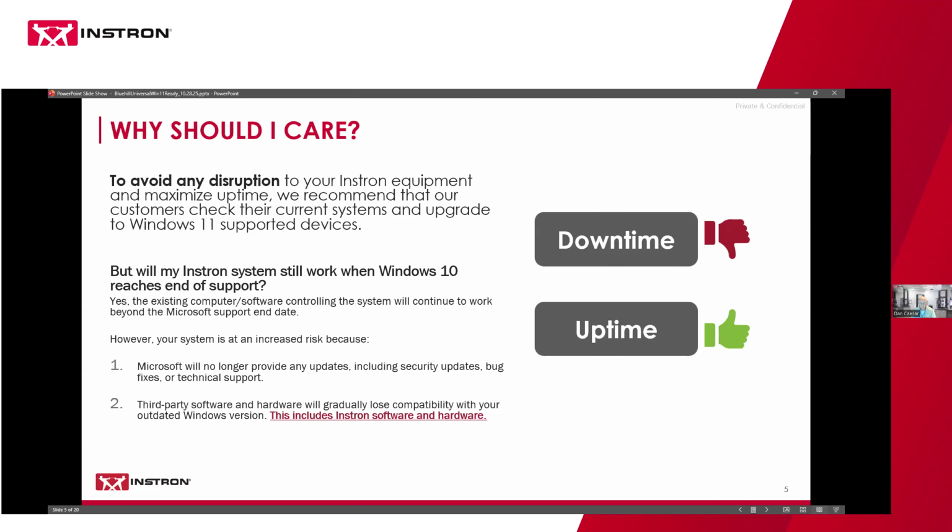Second, where Instron comes into play, is that third-party software and hardware that depends on that software is going to gradually lose compatibility with your legacy Windows version. That includes, of course, Instron software and hardware that could have software dependencies.